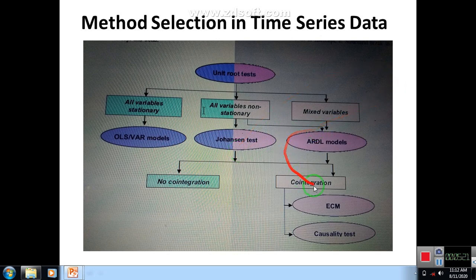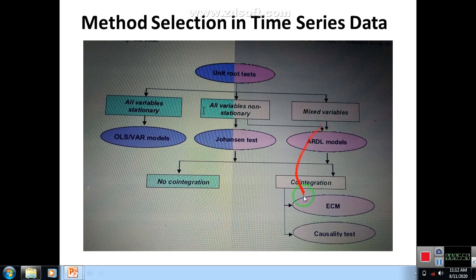So there is another technique, which is known as the ARDL model, autoregressive distributed lag model. If our variables are of mixed order of integration, some are stationary at level and some at first difference, or at least only one variable is not stationary at level, then we have to apply the ARDL model.